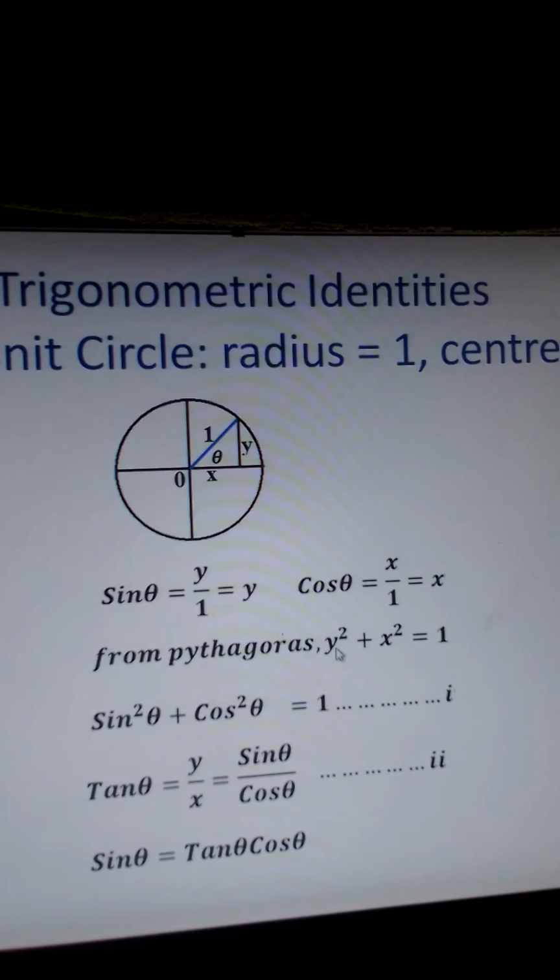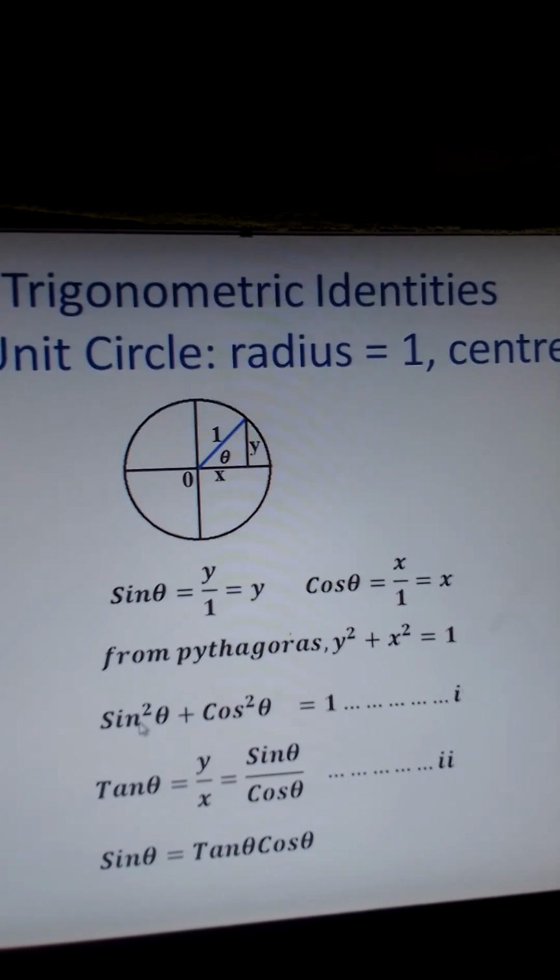And we know from Pythagoras theorem that y squared plus x squared is equal to 1 squared. So we know that y is equal to sine theta, so y squared is equal to sine squared theta. This is how we write it: sine squared theta plus x squared, where x squared is equal to cosine squared of theta.